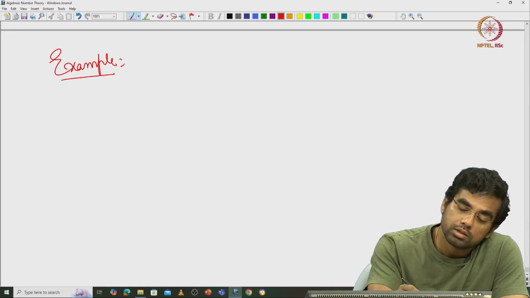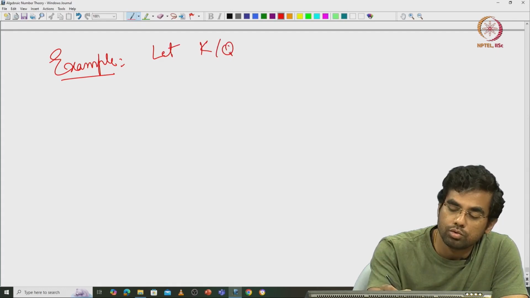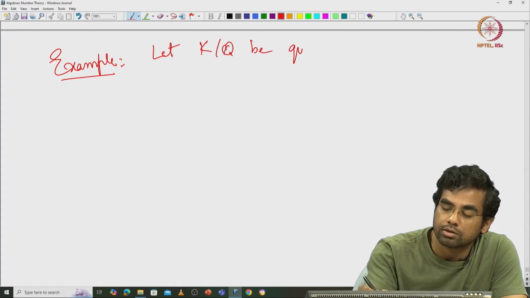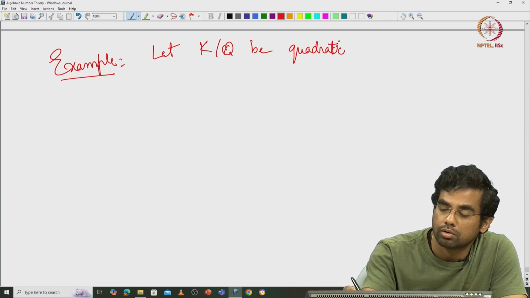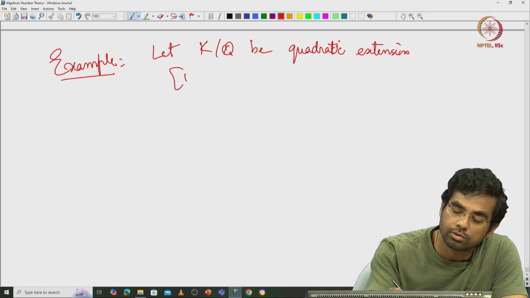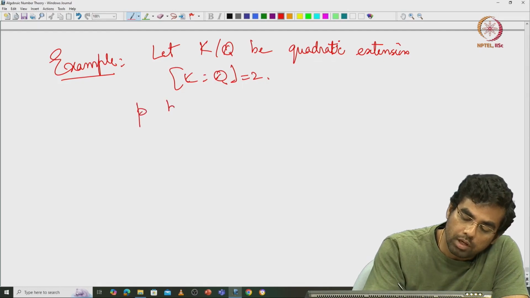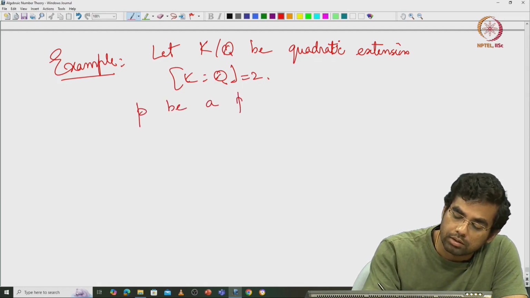Let K over Q be a quadratic extension, so degree 2. So, the degree of K over Q is equal to 2. Now, I take p to be a prime number.